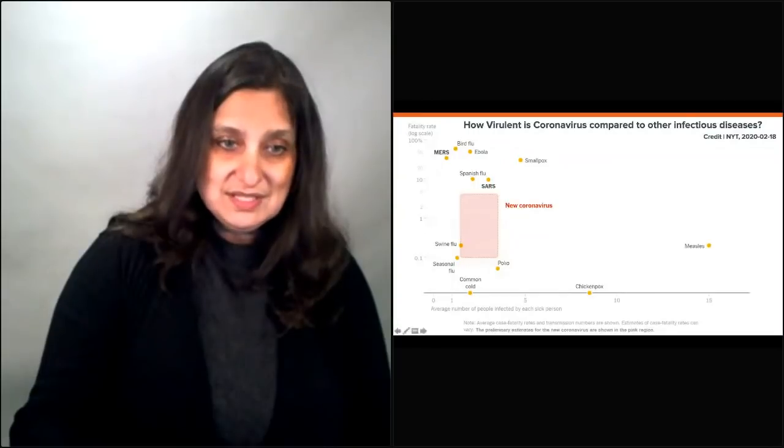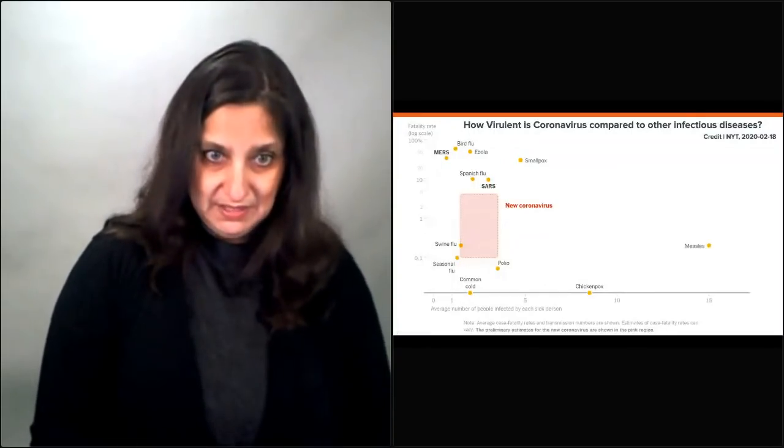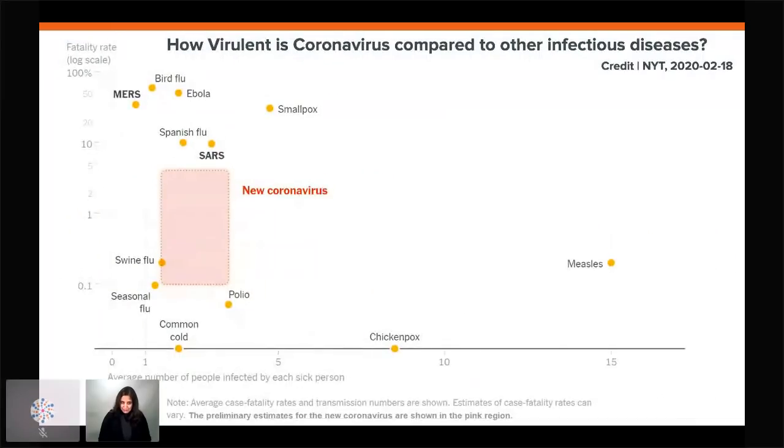The coronavirus is in pink over here, and it's because we don't quite know how many people it kills. We don't know that because it's easier to track the number of people who die from coronavirus than the actual number of people who have it. And without knowing what that denominator is, the number of people who actually have the disease, it is really difficult to know what that rate is.